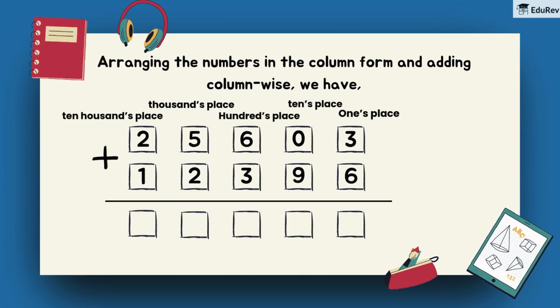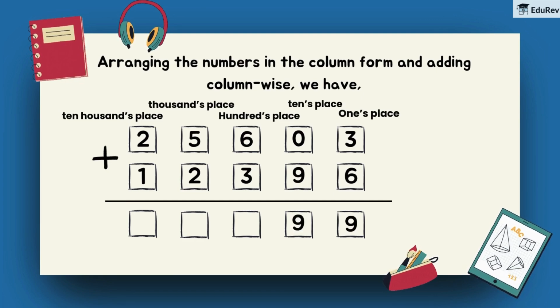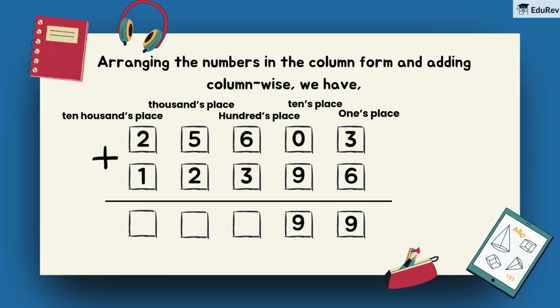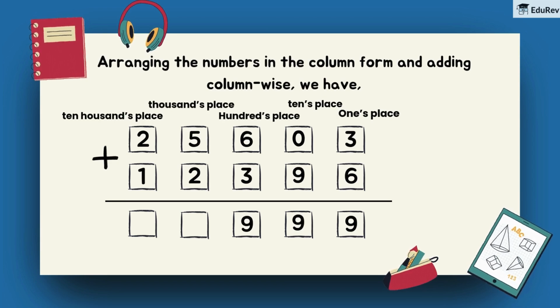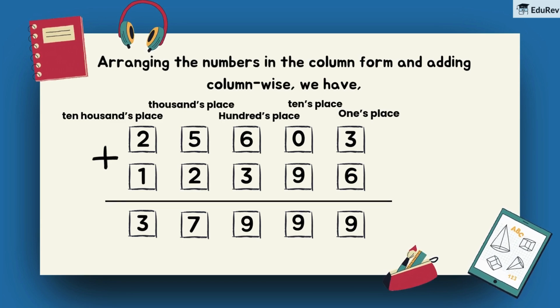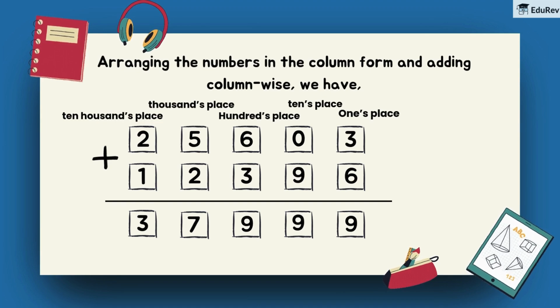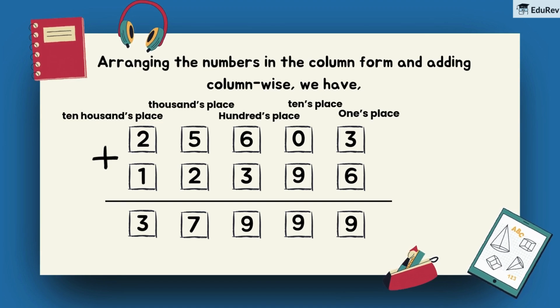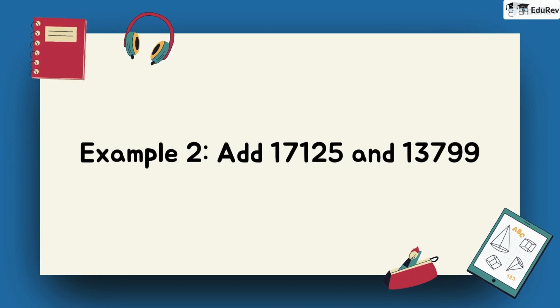Adding the digits we have 3 plus 6 equals 9 at ones place. 0 plus 9 equals 9 at tens place. 6 plus 3 equals 9 at hundreds place. 5 plus 2 equals 7 at thousands place. And 2 plus 1 equals 3 at 10,000s place. So, the answer of addition of 25,603 and 12396 is 37999.